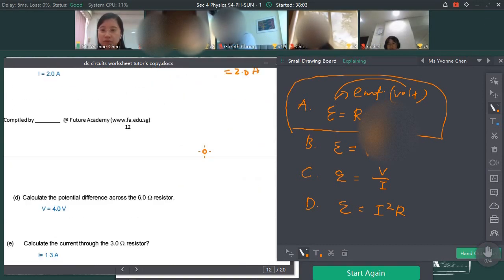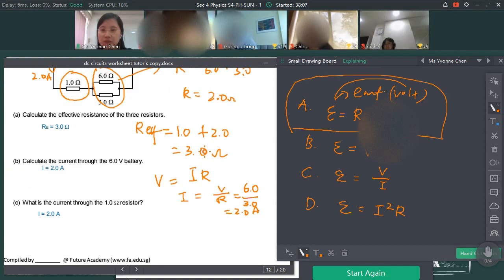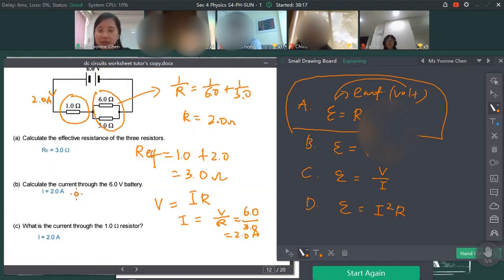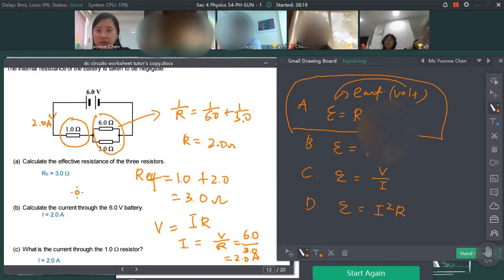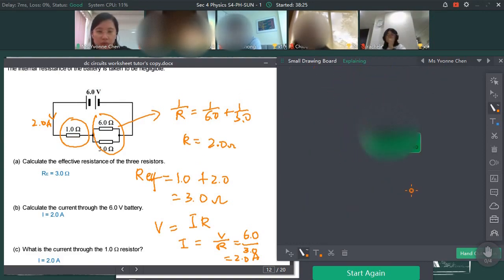Okay, so the next part is to find the potential difference across the 6 ohm resistor. This part D is actually less straightforward. For part D, you need to understand we have the 6 ohm, which is the sum of the voltage.